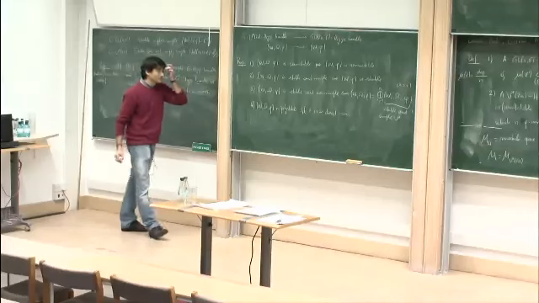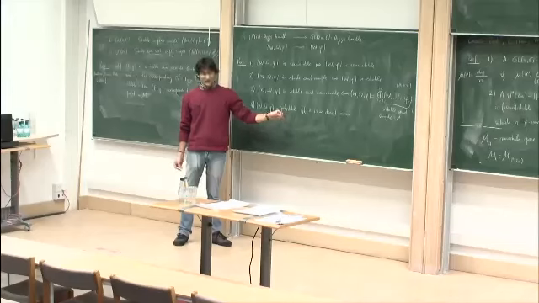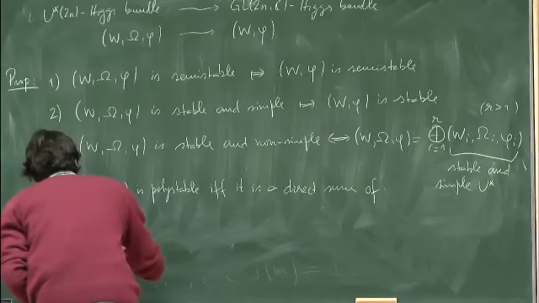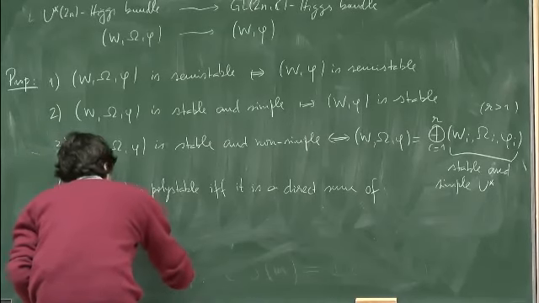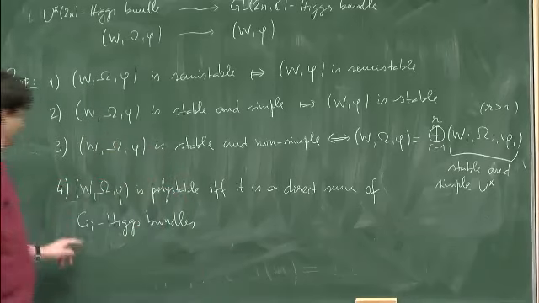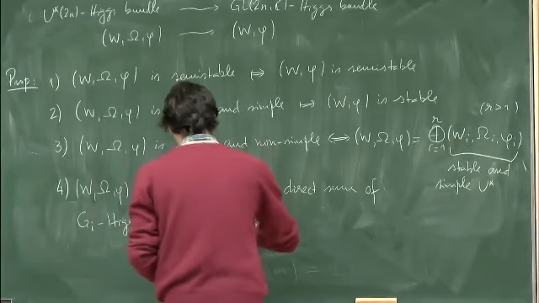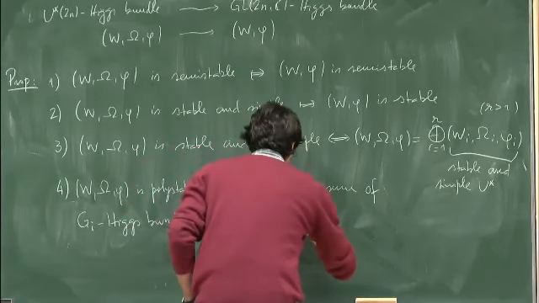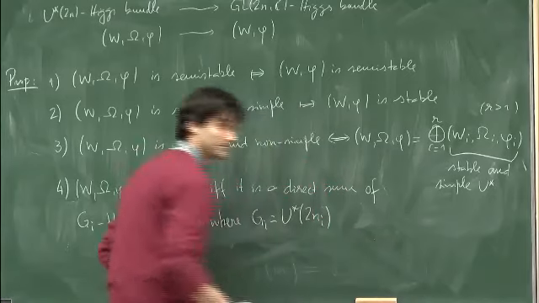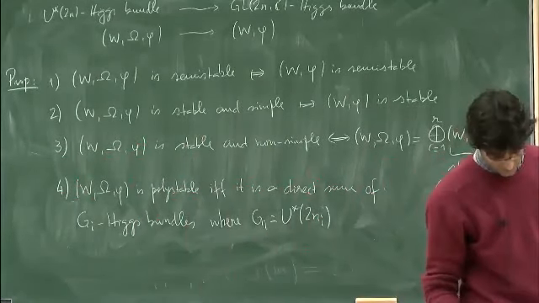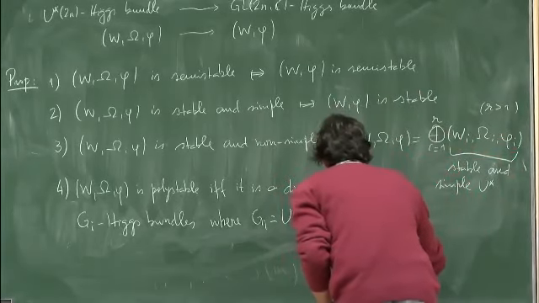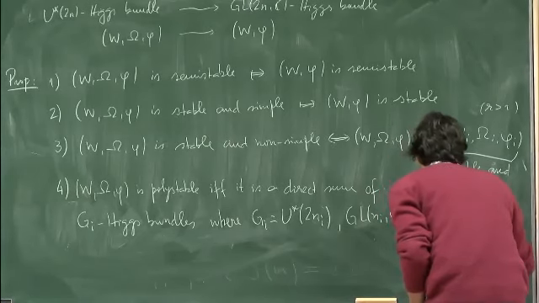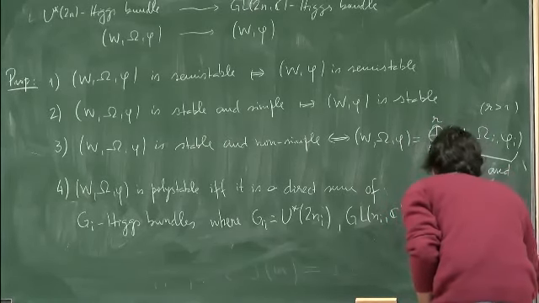So a U star to n Higgs bundle is polystable if and only if we can write it as a direct sum of GI Higgs bundles, where GI is one of the following groups, where GI is either a U star to Ni or some GLNi(C) or Sp to Ni or UNi.